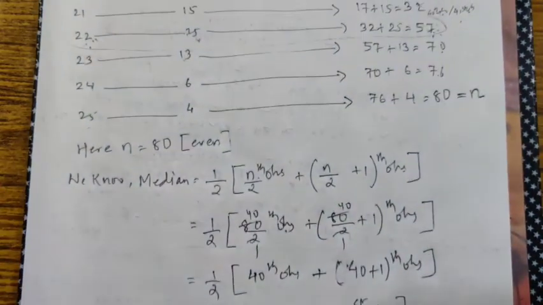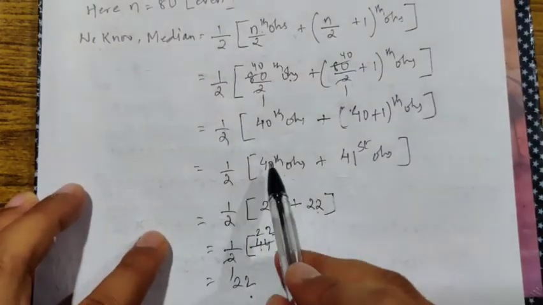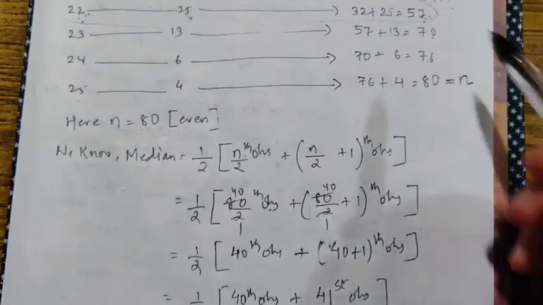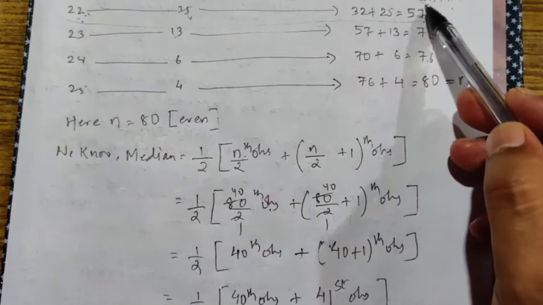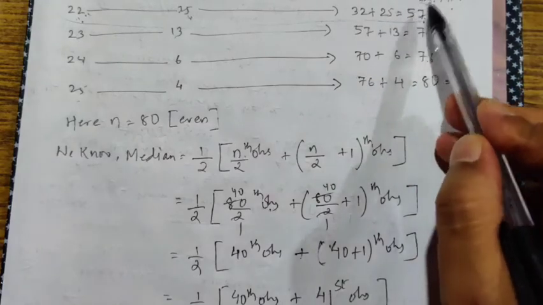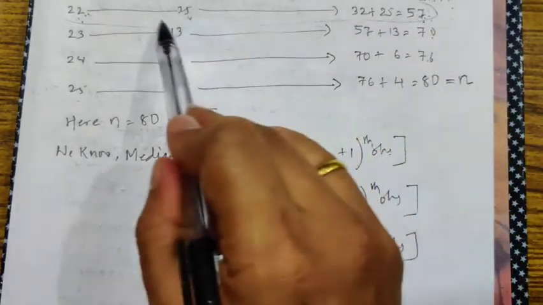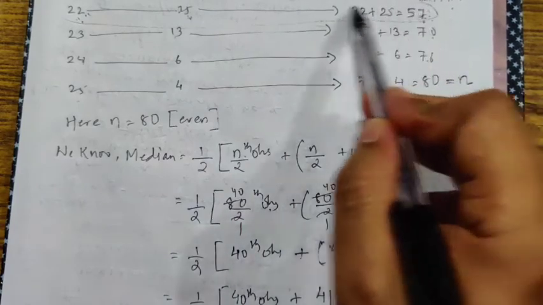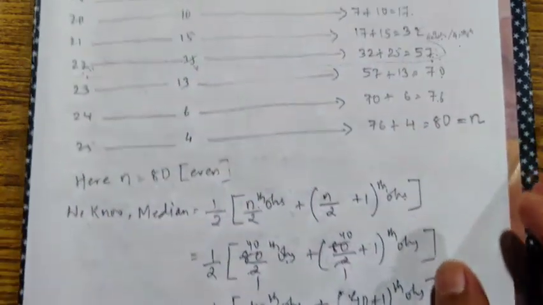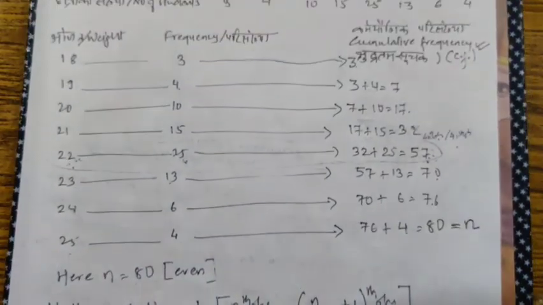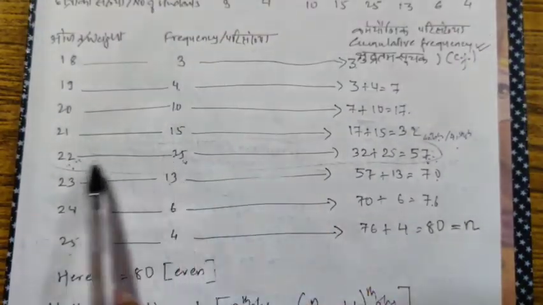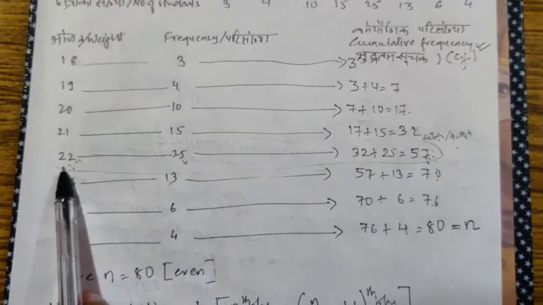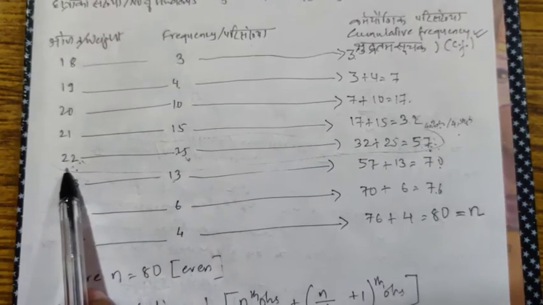See guys, again don't get confused. For the 40th observation, check the cumulative frequency. The 40th observation will fall between 32 and 57, so you'll have to consider this one after that. And don't select the value from frequency. Imagine this to be the mid value or xi.